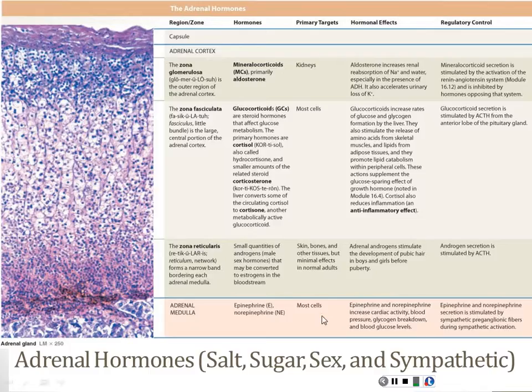But anyway, this layer produces the sex hormones. That's androgens and estrogens and progesterones, okay? So in the male, the principal source of testosterone is the testes. In the female, the principal source of progesterone and estrogen are the ovaries. But in both genders, they have the opposite gender's hormones in small amounts. And this layer of the cortex is where they come from.